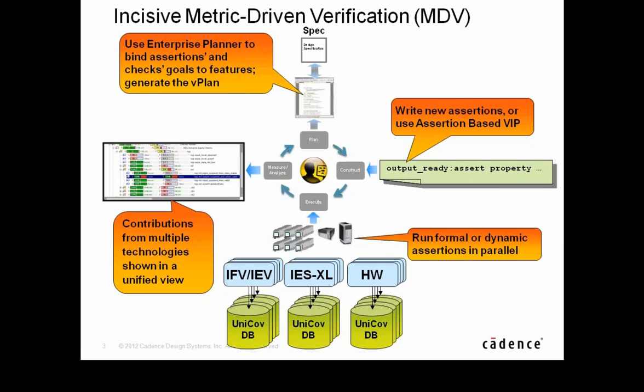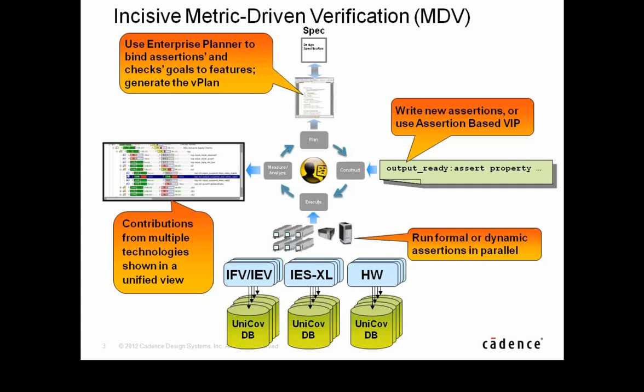You can merge the data across hierarchies and take it to the top level. So if you are in different stages of your verification cycle, the data can be rolled up. With this, you can have formal contributing to the overall verification planning and management cycle. I'll talk about this in a bit more detail later in my presentation.